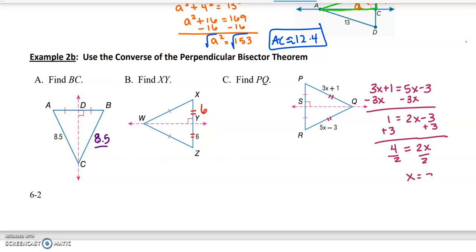So x is 2, but we want to find PQ. So we're going to plug that back in, the 2 for x, and 3 times 2 is 6, plus 1 is 7.